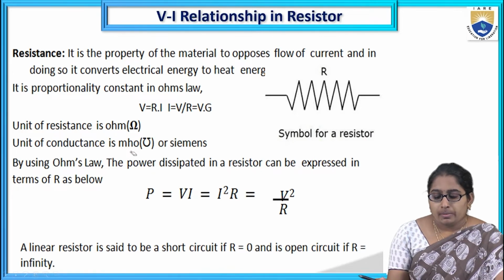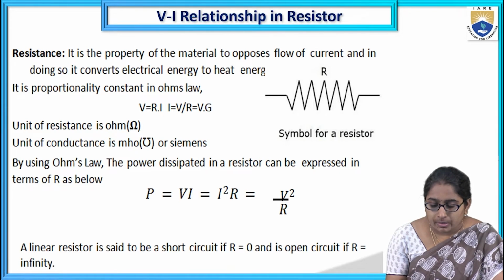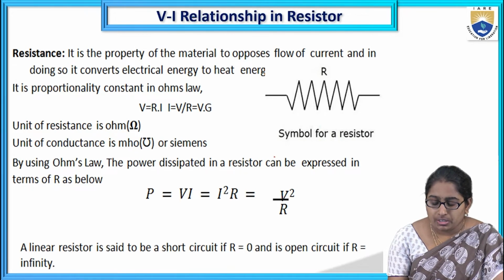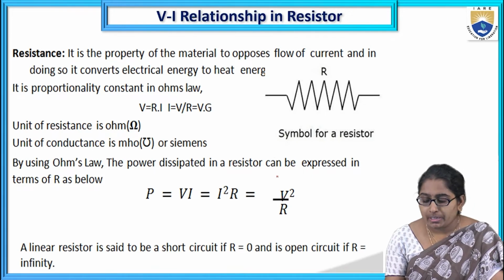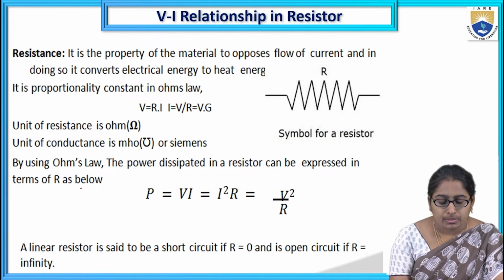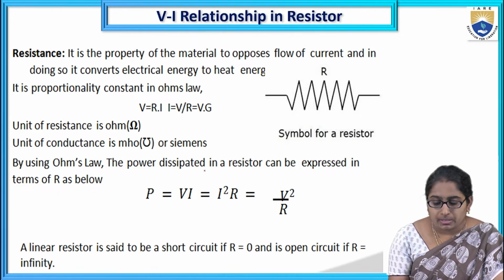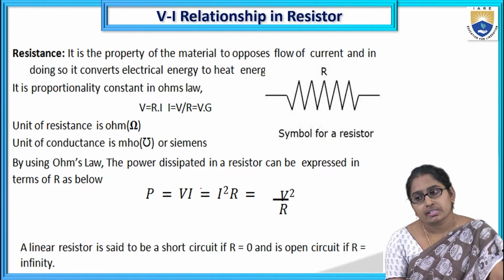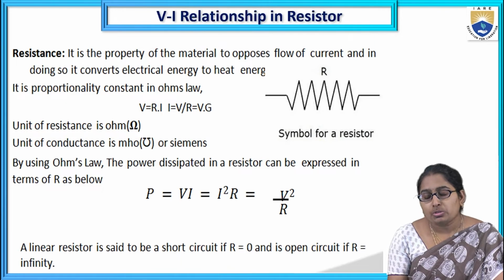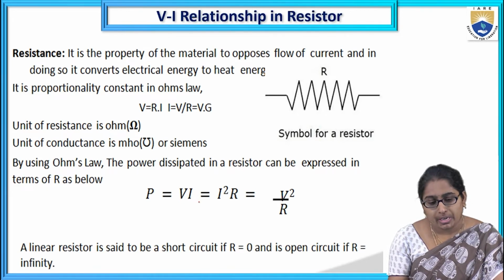Then power. What is the power equation with respect to a resistance? Using Ohm's law, the power dissipated in a resistor can be expressed in terms of R as below. From the definition, power is the rate of work done, and as I gave in my previous class, it is also the product of voltage and current.